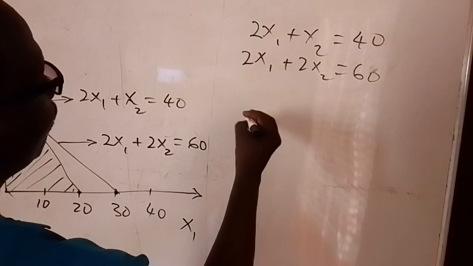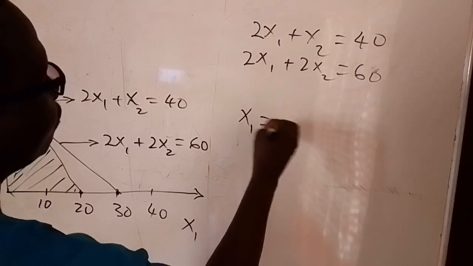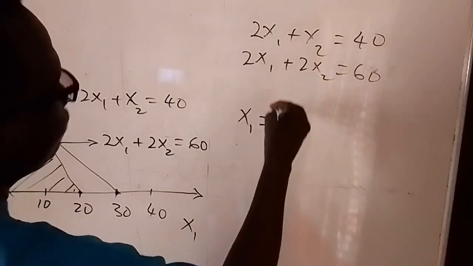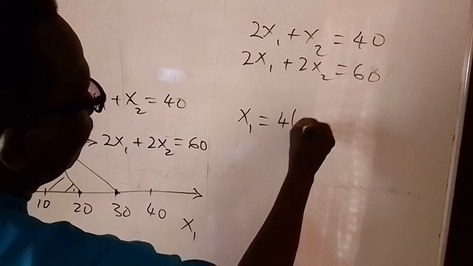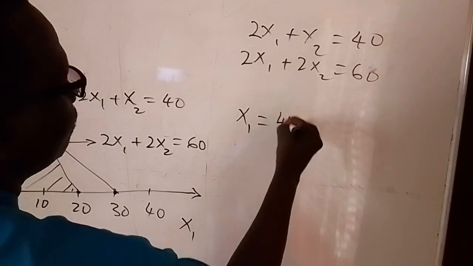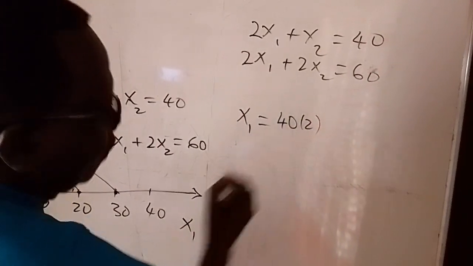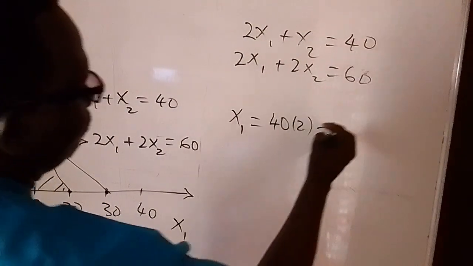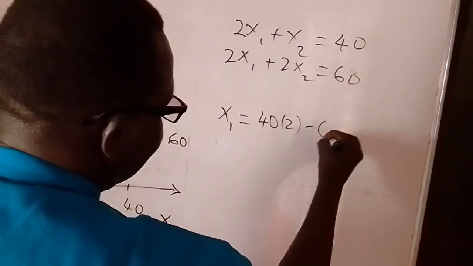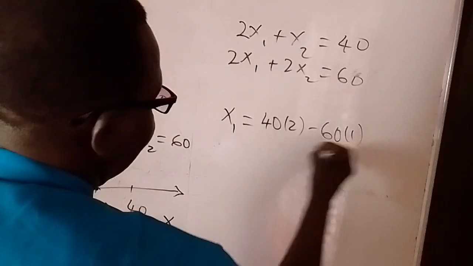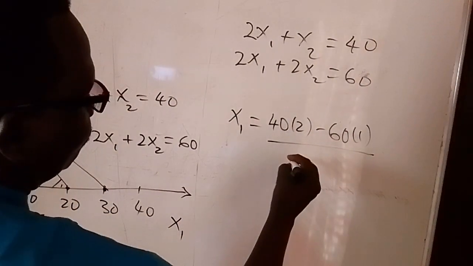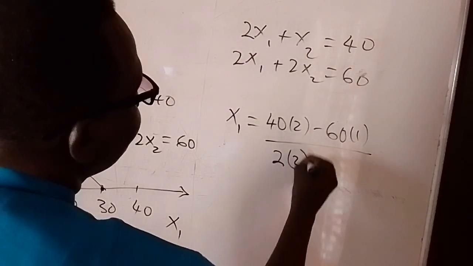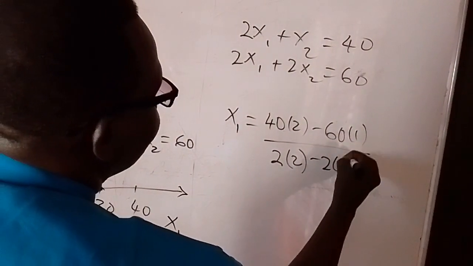Here we say, what is x1? x1 is equal to 40 times 2 minus 60 times 1, divided by 2 times 2 minus 2 times 1.